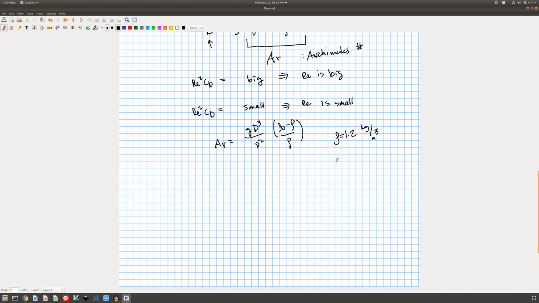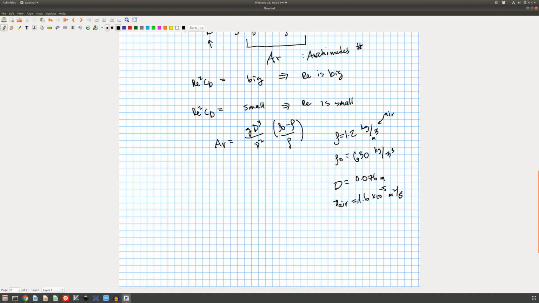Rho 0, the density of the object, was bigger, and we said it was 630 kilograms per meter cubed. This rho, of course, is air. This is the fluid that the ball is falling in. The diameter of a baseball is 0.076 meters, 76 millimeters, and nu of air is 1.6 times 10 to the negative 5 meters squared per second.